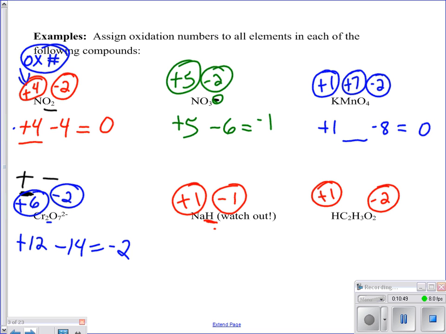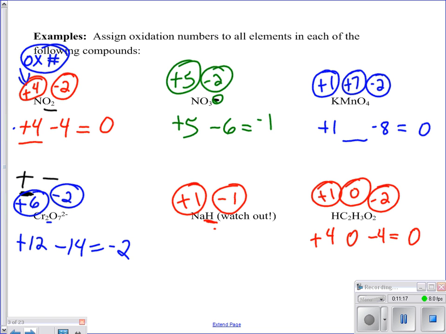If I add up all of my hydrogens, I get a total of +4. I add up my oxygens, I get a total of -4. Well, this whole compound has to have a charge of 0, meaning carbon's charge is 0. So the oxidation number for carbon is 0. Yes, it's possible to have 0 for an oxidation number. Okay, feeling good with this so far?